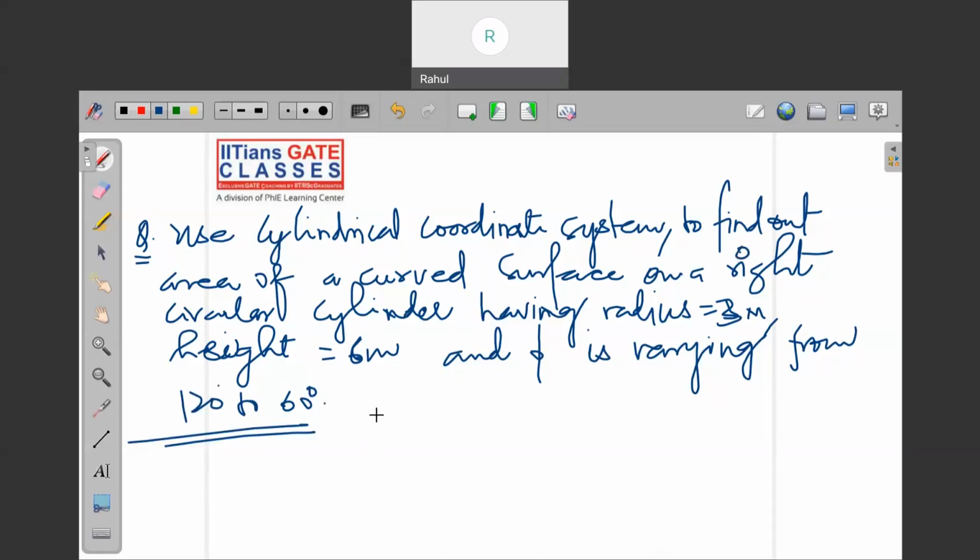So what you have to compute here is the area of a curved surface, right?